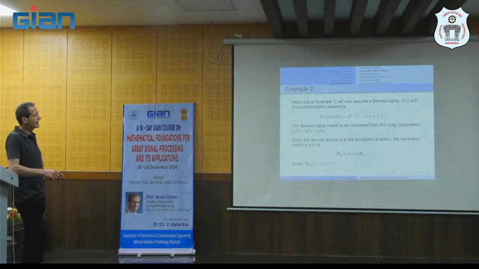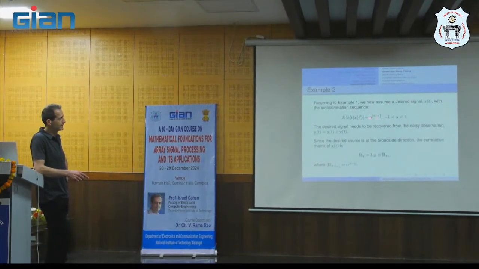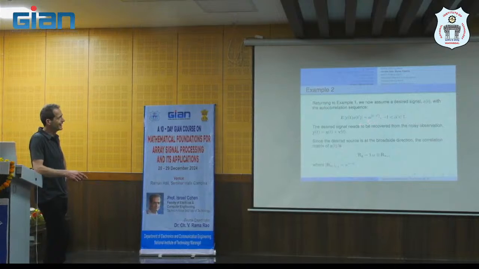Actually, we have some signals like this, where the correlation between two samples decays with their distance. The more distant they are, the more the correlation decreases. And alpha doesn't have to be a positive number.